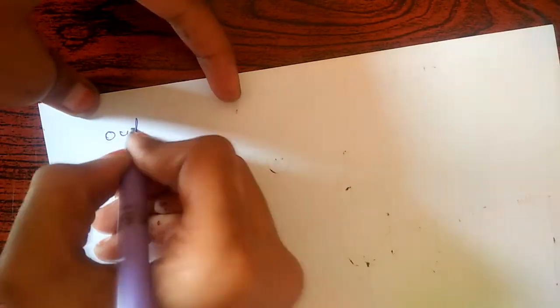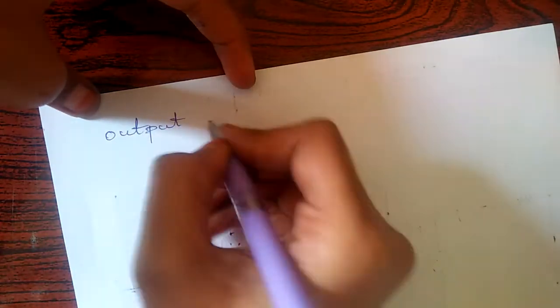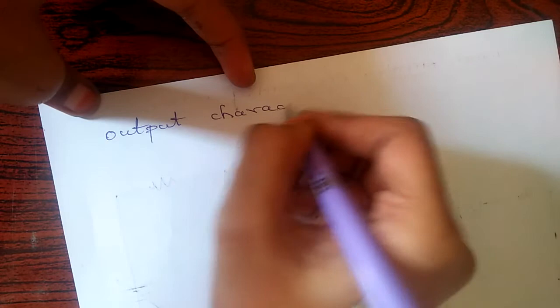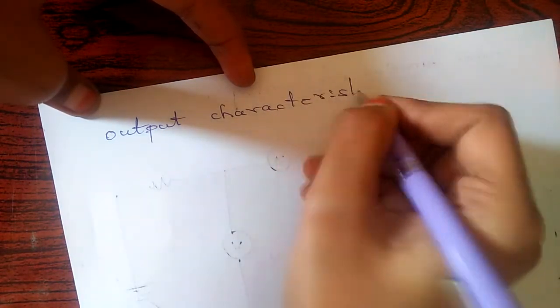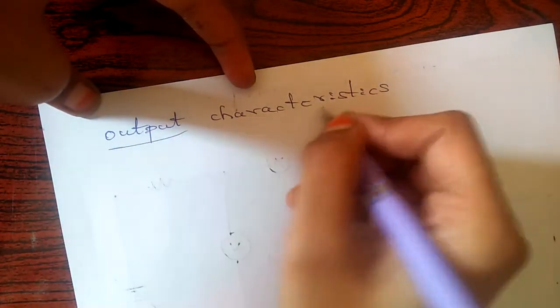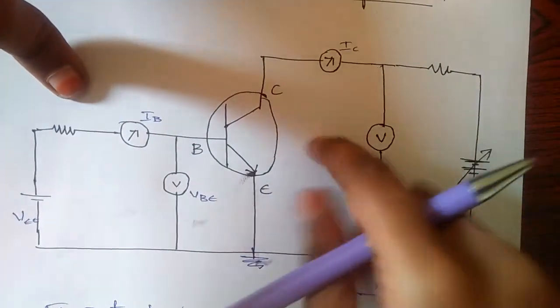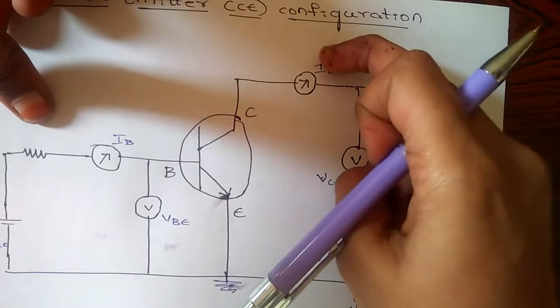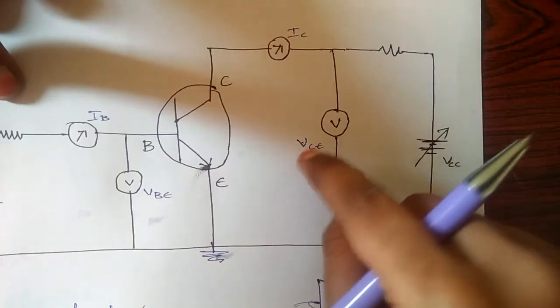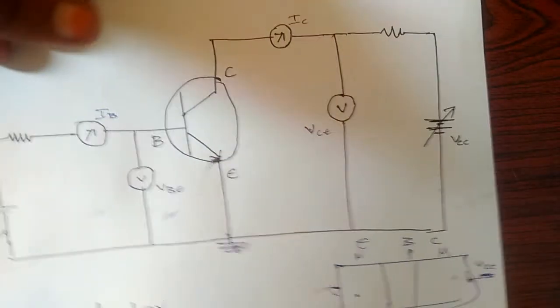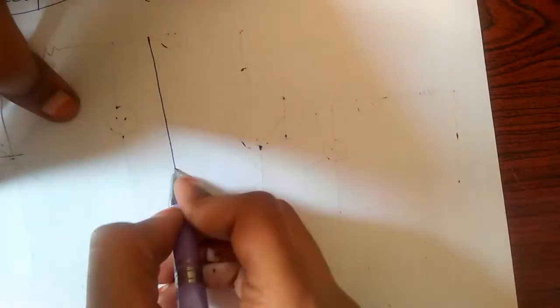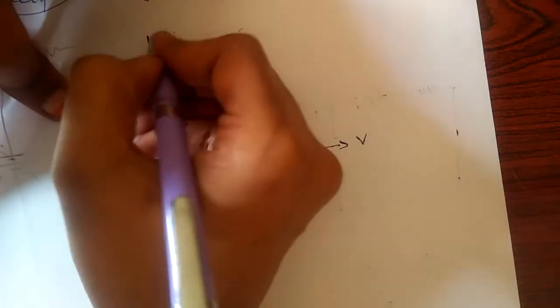Then the output characteristics. The output characteristics are taken between emitter and collector. So we have current IC and voltage VCE, with voltage on the x-axis and current on the y-axis.